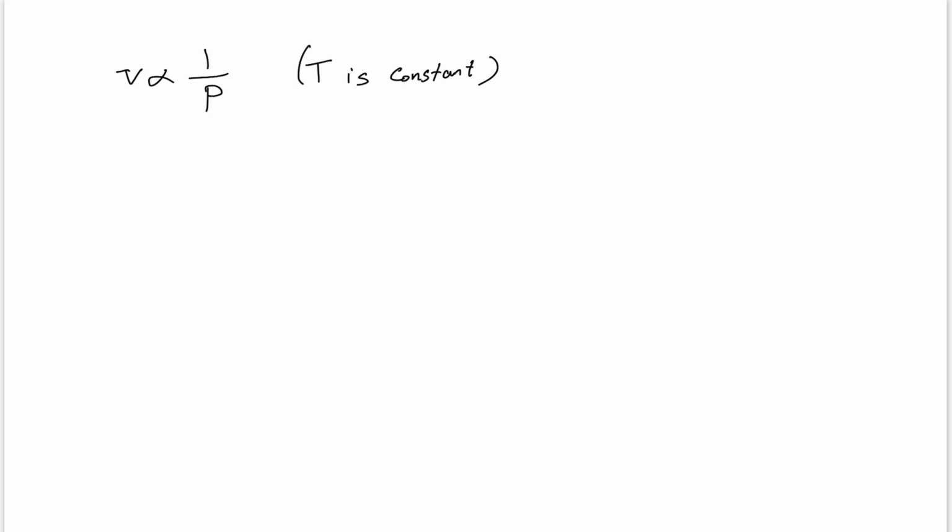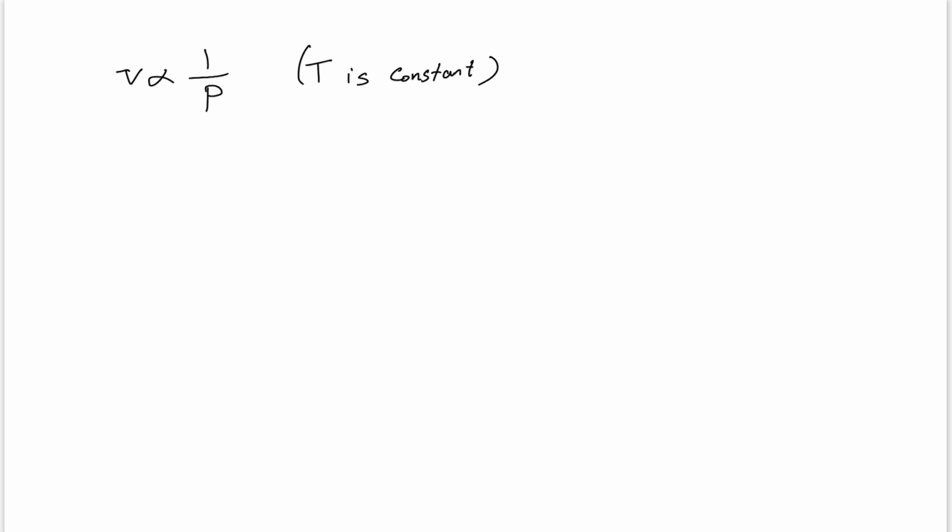Temperature is constant and the volume is proportional to the inverse of the pressure. This makes sense, right? When the temperature is constant, if we increase the volume for a fixed amount of gas, the pressure will decrease.